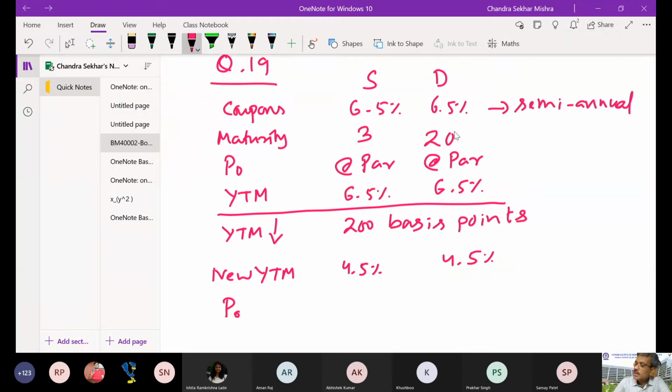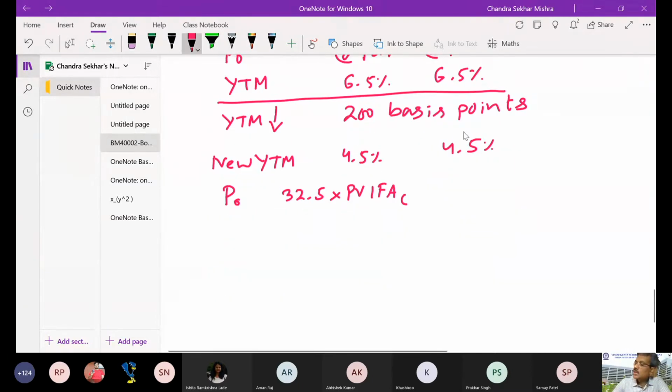So for the first bond, it will be 32.5 into PVIFA. What is the discounting factor here, R? Not 4.5%, it is 2.25%, because it is semi-annual.